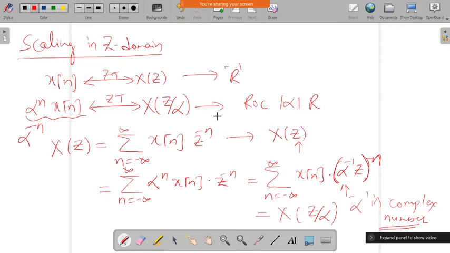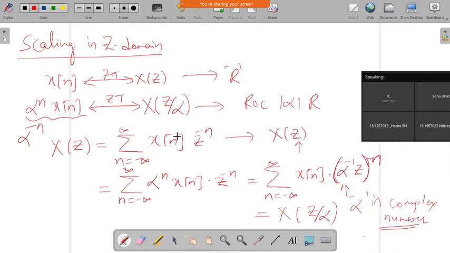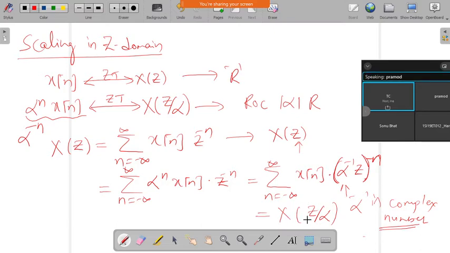If instead of alpha power n, I put alpha power minus n, what will be the result? X of alpha Z. Yes, X of alpha into Z is going to come. So that is the scaling that happens in the Z domain.